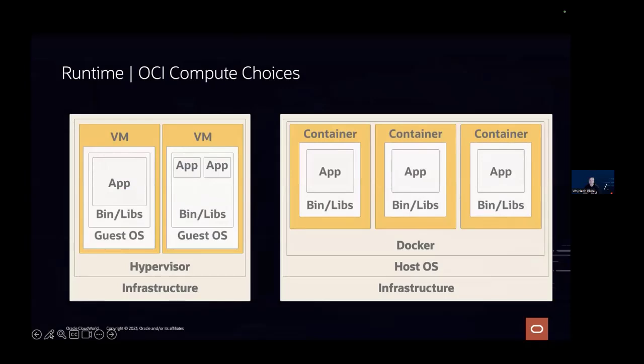So what we have in our offering, we have various runtimes available as part of the Oracle Cloud Infrastructure. So we have a bare metal and VMs offering flexible and scalable compute options. You can easily create and destroy VMs as needed, and you can choose a variety of VM shapes to meet your needs of your workloads.